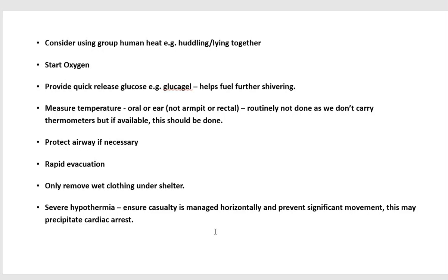If you start to tilt the body head up, head down, then you get large shifts of cold and slightly acidic blood. And if you get a large shunt of that blood back up to the heart, it can then irritate the heart muscle, and it can trigger electrical problems and put them into cardiac arrest. So it's important that the casualty is managed horizontally, and big sudden movements are avoided. So that's important for stretcher carrying and casualty manipulation on the hill.